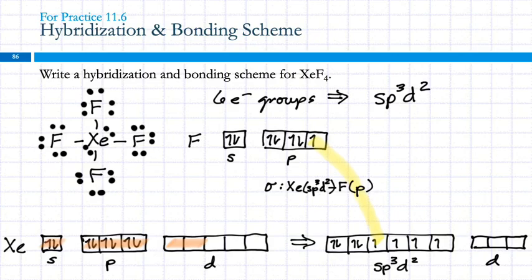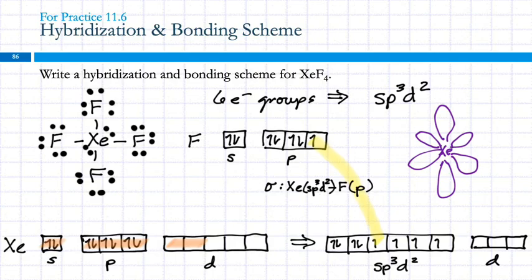Now, if we were trying to draw a picture of this, these 6 hybrid orbitals, how would they arrange themselves? Like 6 balloons? Like an octahedron, right? So here's my xenon, and it's got 6. 1, 2, 3, 4, 5, 6.